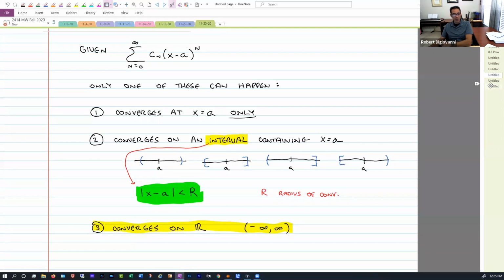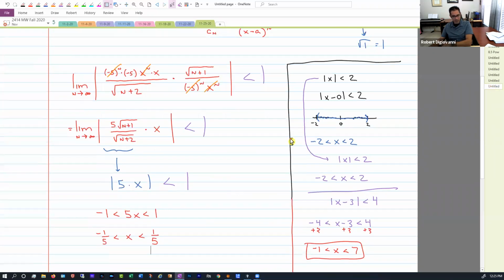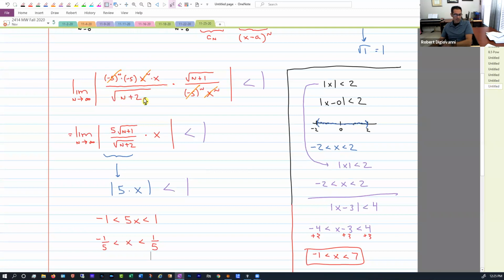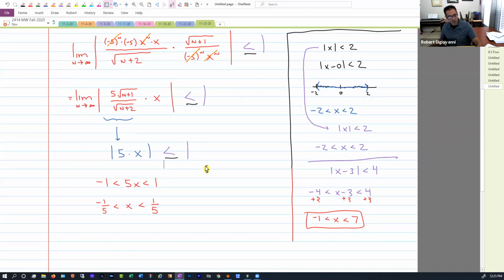There's a next important step, a very important step. This limit will be less than 1 so long as this is true. But what if this was equal to 1? What would happen if I told you that the absolute value of 5x was equal to 1?